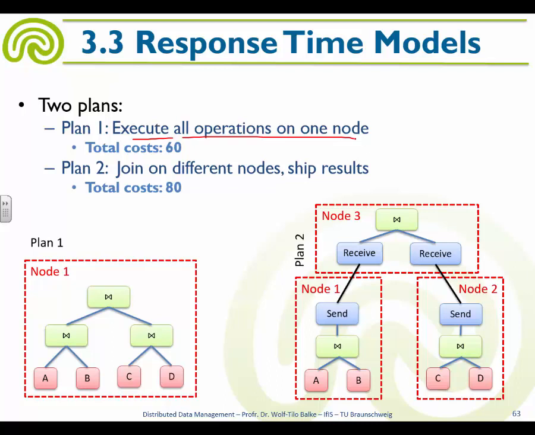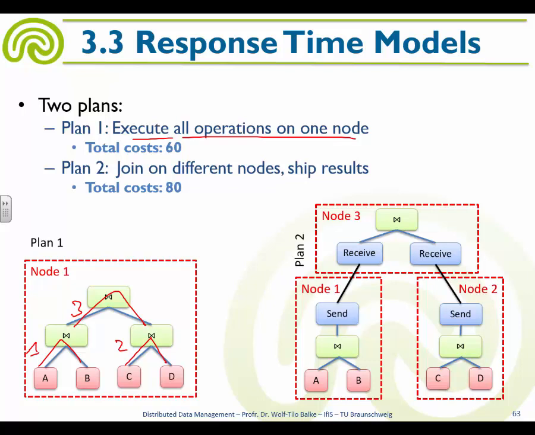We execute all the operations on 1 node, right? And obviously, this node can first do this join. Since this is only 1 thread, it will then do the second join. And having both results, it will finally do the third join, right?